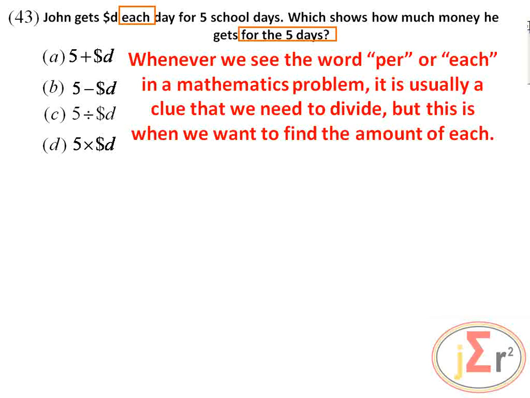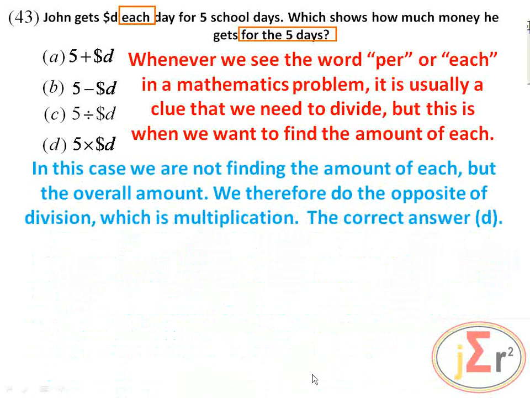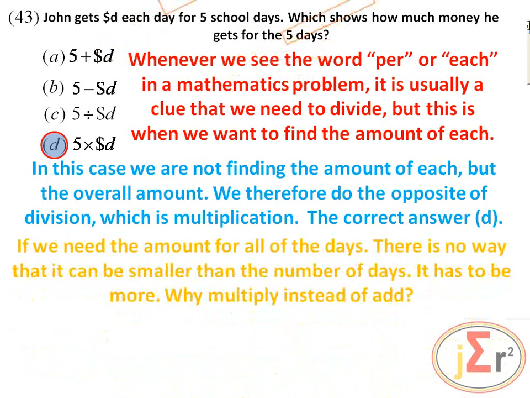For the 5 days, we are not finding the amount of each, but the amount overall. We therefore do the opposite of division, which is multiplication. The correct answer is therefore option D. But you said that earlier on, Jerry. So we are sure that it is option D.